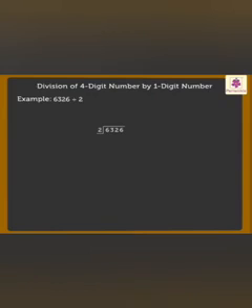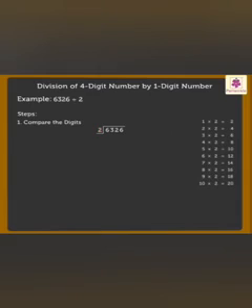We start with comparing the digit in the thousands place, that is 6 with 2. Yes, 6 is greater than 2 and therefore we can divide 6 by 2.